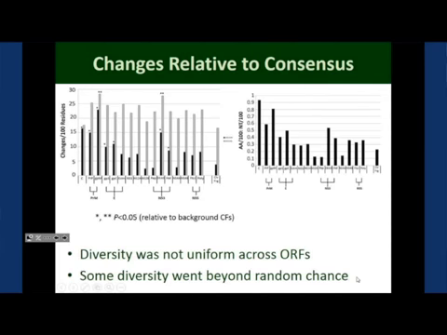We did the same thing. We came up with a consensus amino acid sequence, and then we tabulated how many amino acid changes we had in at least one strain. We then normalized that to 100 residues so that we could look at genes of different sizes and not just count a number, but have changes per 100 bases or 100 amino acids. And this is what we found.